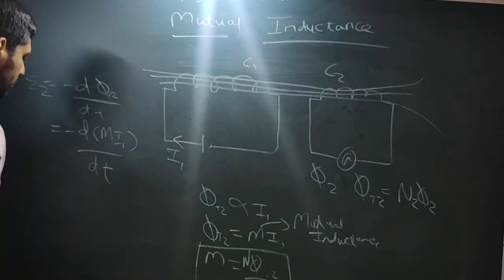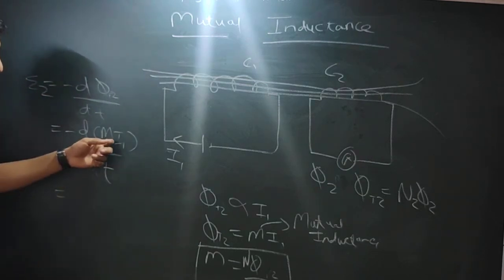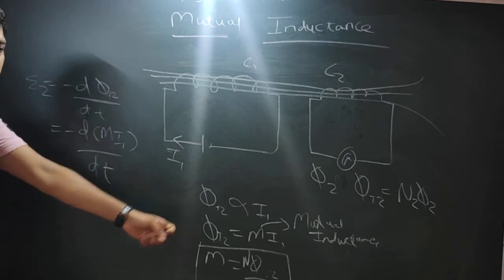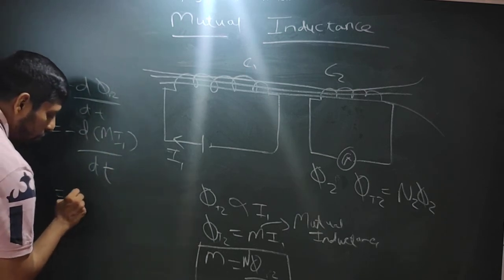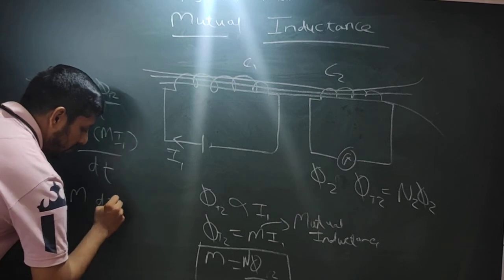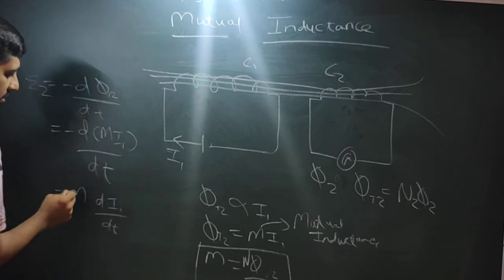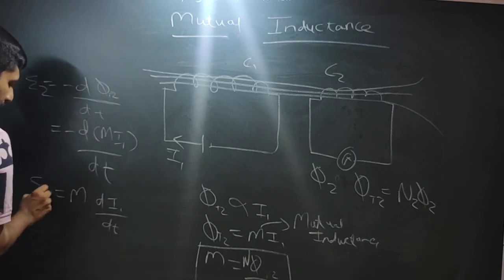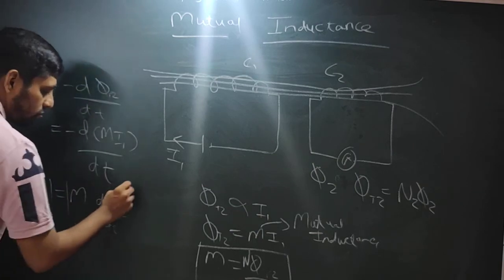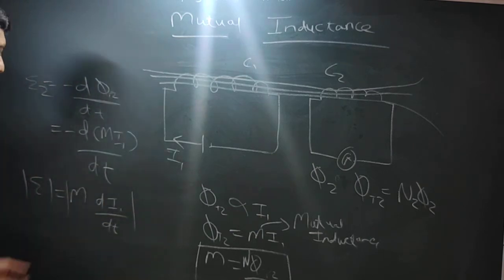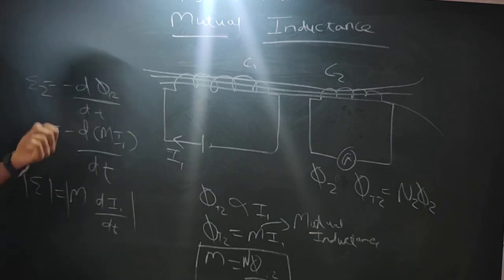M is constant, mutual inductance is a constant term, so I can take it outside: E2 equals minus M di1 upon dt. Here there will be a minus sign, but if I put this E in modulus, then the negative sign only gives the direction.